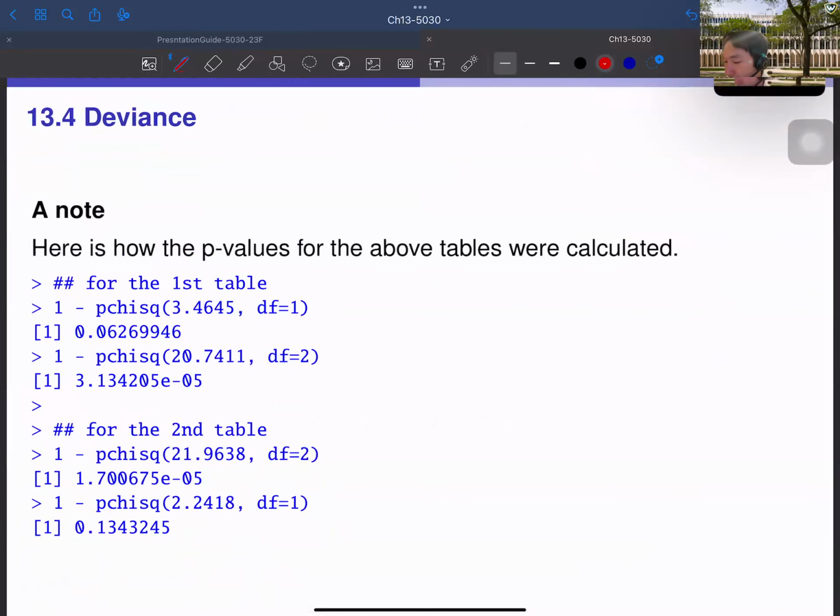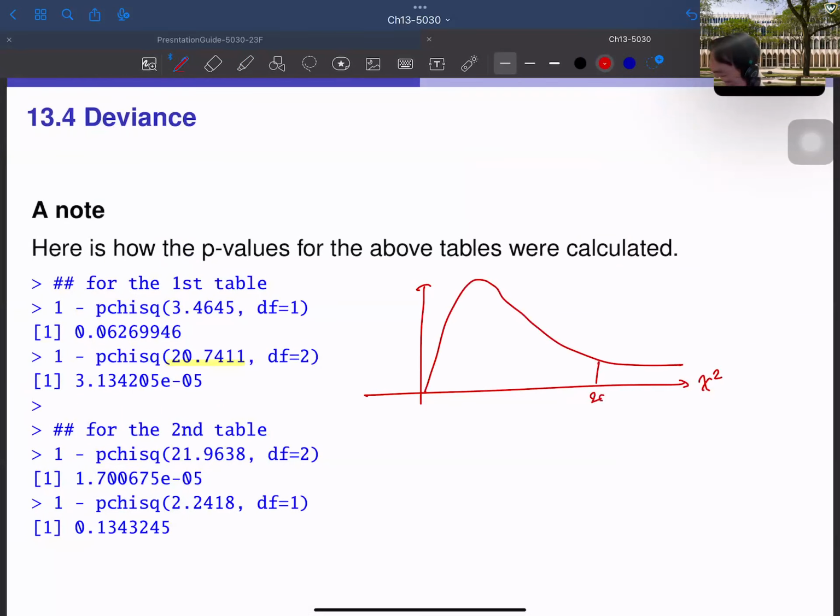Okay, and the previous figure can be calculated. The p-value can be calculated by the probability from the chi-square distribution function. So a chi-square distribution with df 2. We have this kind of distribution, and we have 20.7. This is the PDF of chi-square.